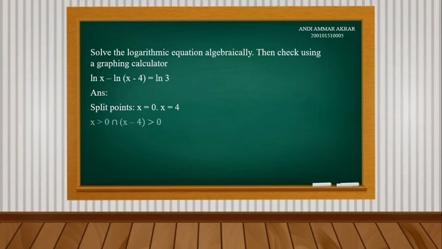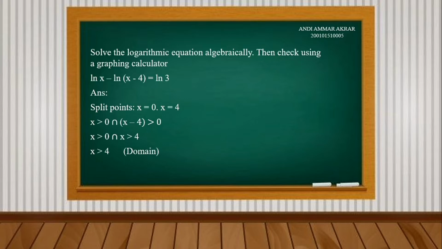So we get x greater than 0 intersection x minus 4 greater than 0, or in other words, x greater than 0 intersection x greater than 4. Because the result of that intersection is x greater than 4, we have the domain of ln x and ln (x minus 4) is x greater than 4.